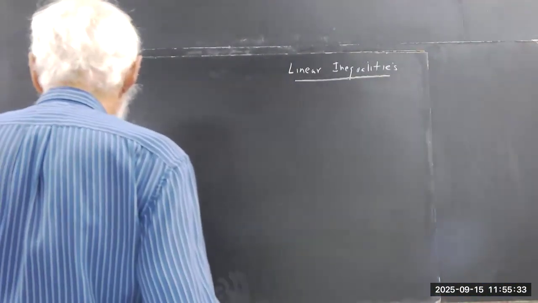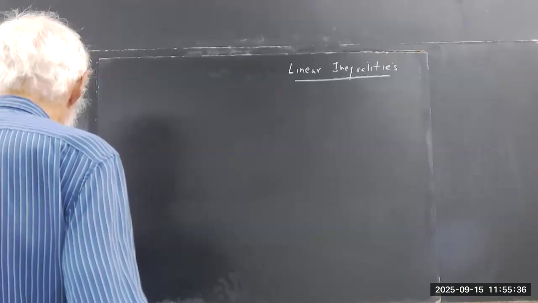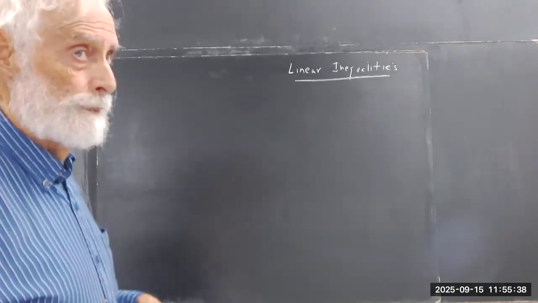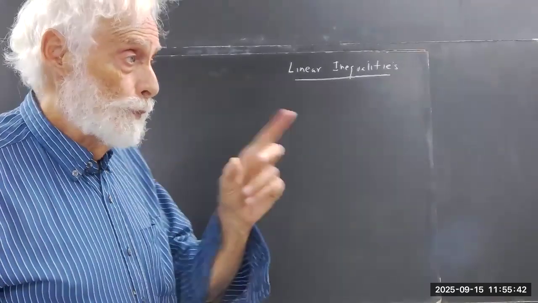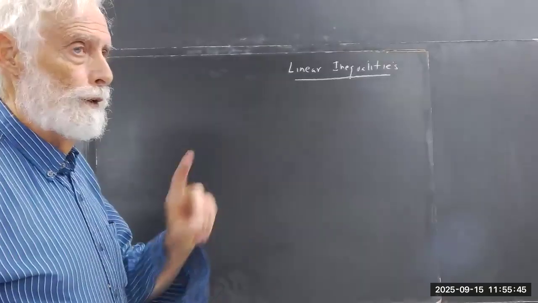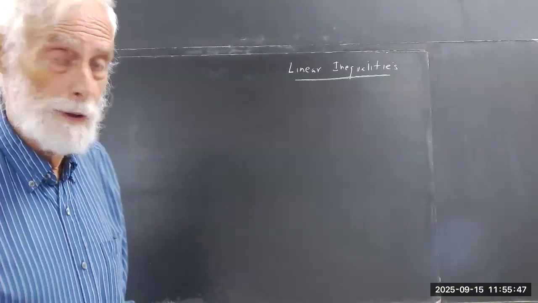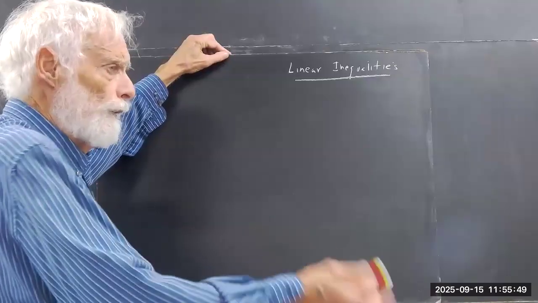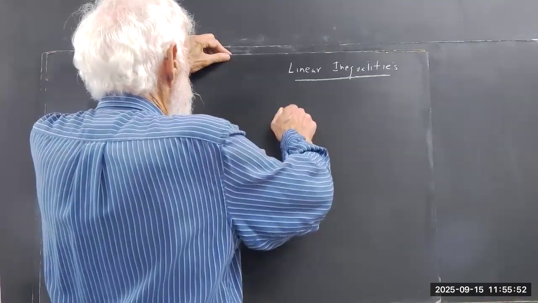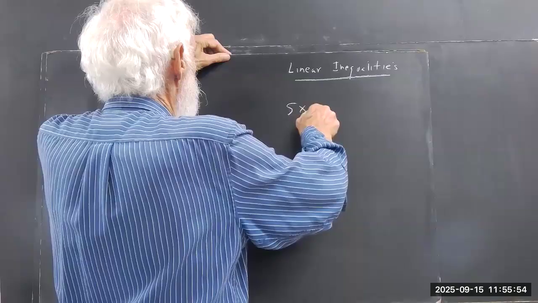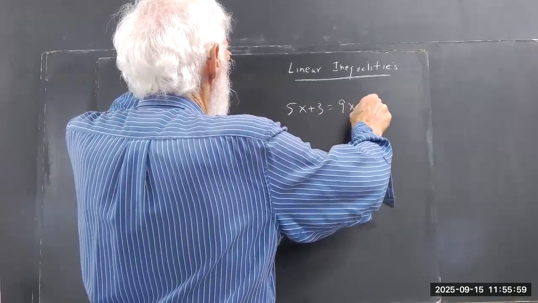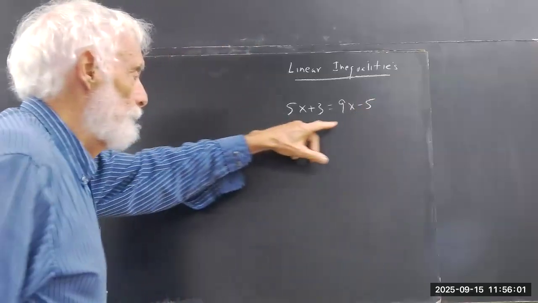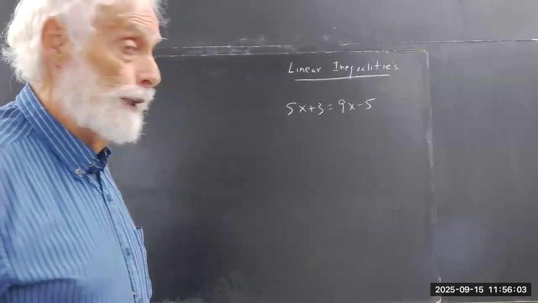So we're going to talk about linear inequalities, which are just as simple as linear equations. There's just one rule that you have to be careful of that I'll talk about in a minute, but let's just do one where you don't have that one rule. You've got 5x plus 3 equals 9x minus 5.